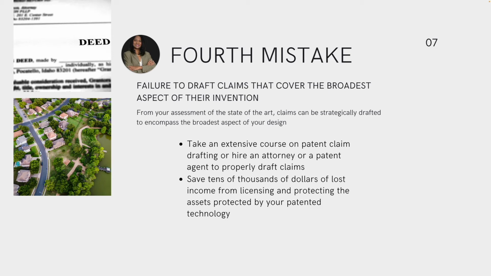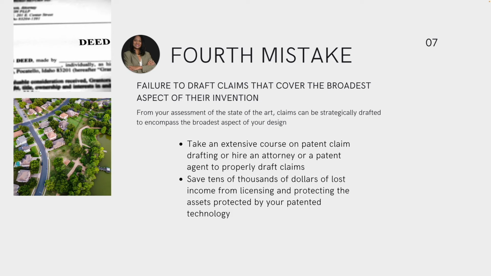So if you do this right, when this is done right, this is where the gold is. Your claims are what produce the gold. This is what is used during licensing. This is what is used during litigation in order to defend your products and your services. That is, your claims defend you in litigation.